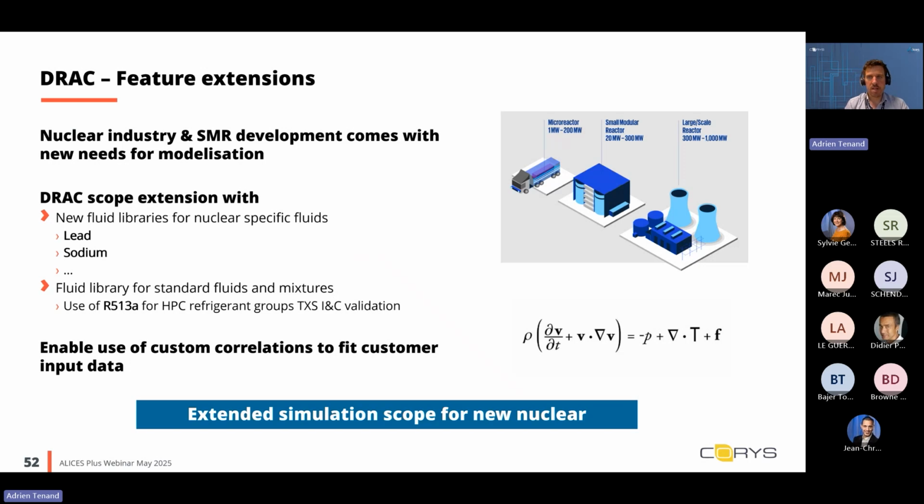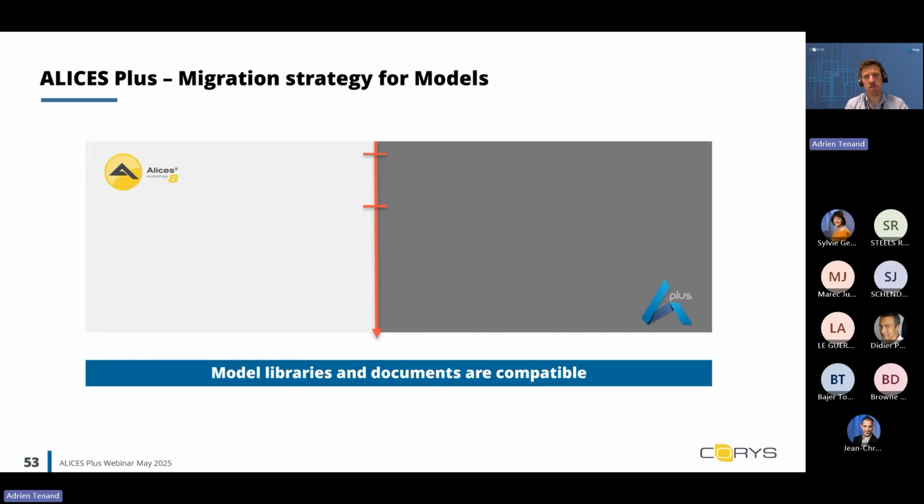So that was a point for DRAC, and now I will move to the last part of this presentation about the migration strategies. There are two points. The first one is for the models. You have a project or simulator in ALICE V8. The migration path will need you to move to the latest version of ALICE V8.